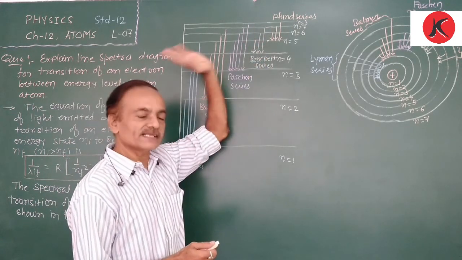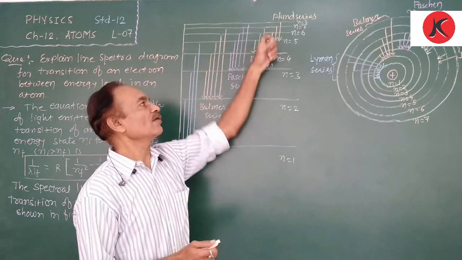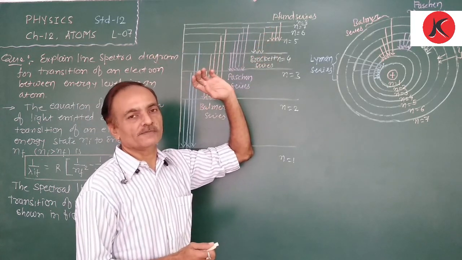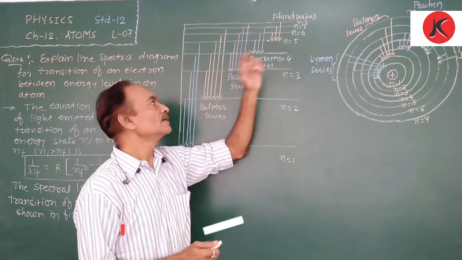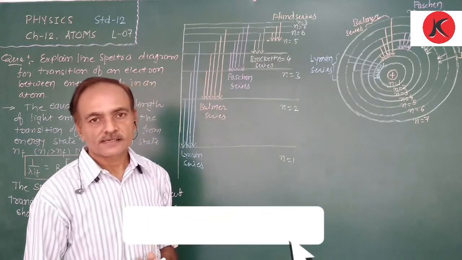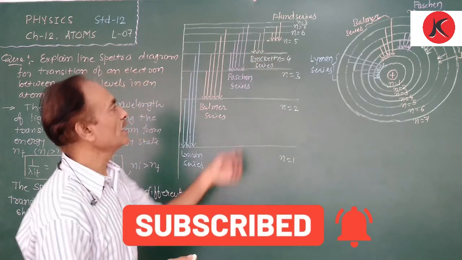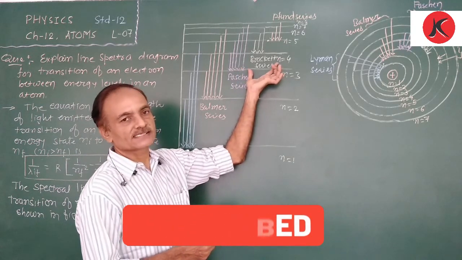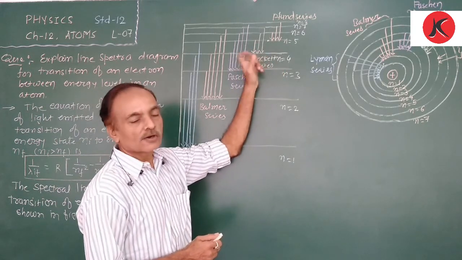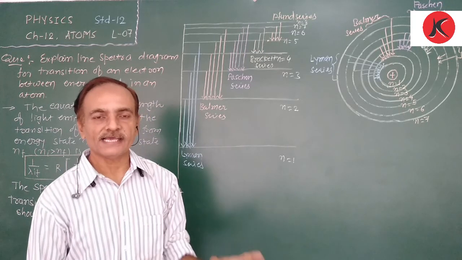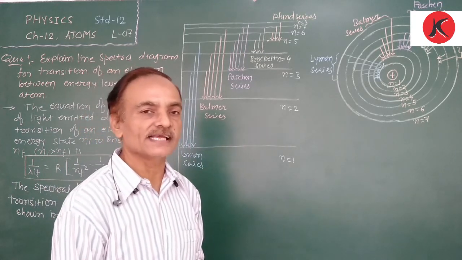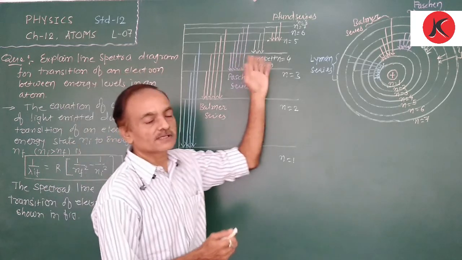When the electron makes the transition from any orbit to the fourth orbit, the photon emitted has a wavelength that falls in the Brackett series, and the corresponding H alpha, H beta, H gamma, H delta lines are also obtained.